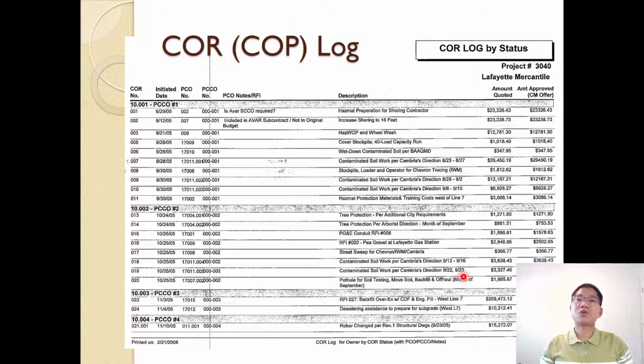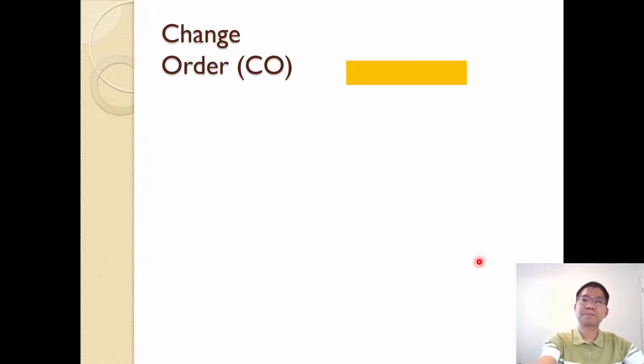We have a change order request or change order proposal log. When you initiate, what is the nature of the work, what is the amount requested, and what is the amount approved, and it may be different between those two numbers. They don't have to be the same, because the contractor may request more, tending to be more than what is approved.